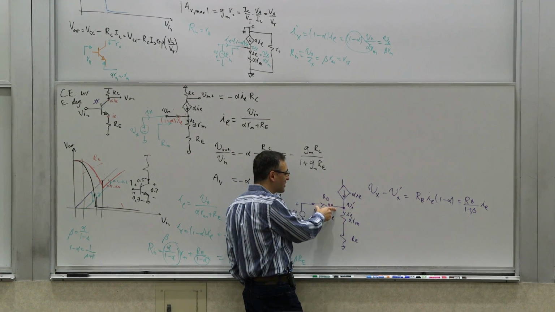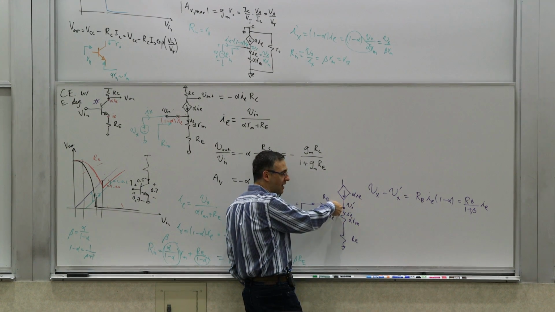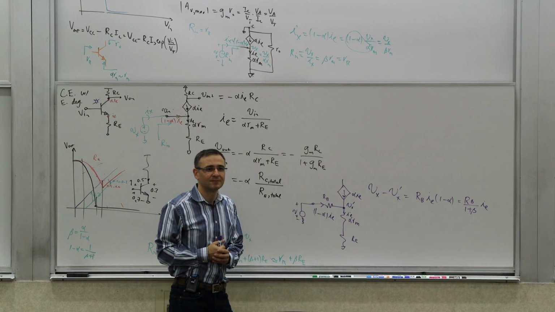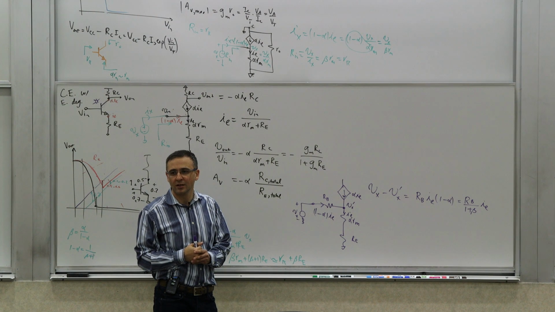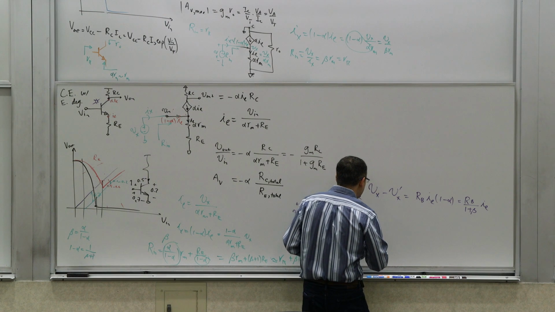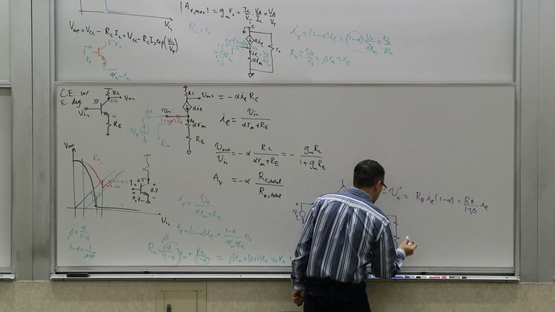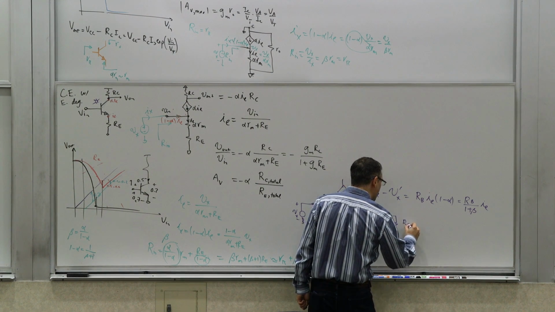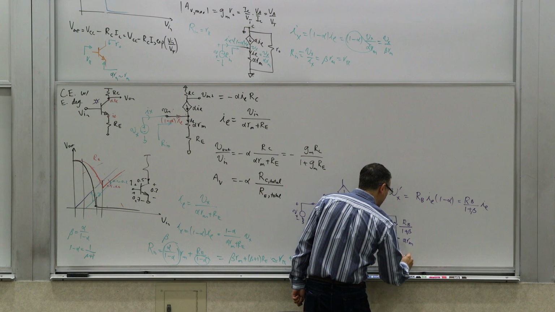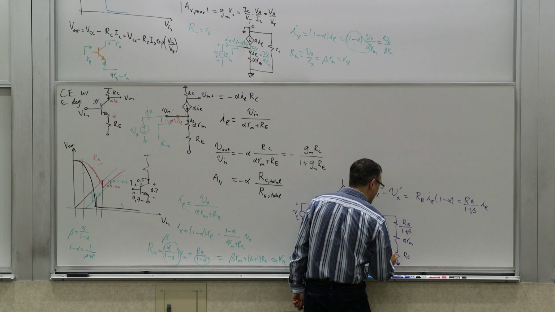I could take this resistor and add it to the emitter stack, as long as I scale it down by a factor of 1 plus beta, beta plus 1, or beta roughly, but beta plus 1 more accurately. So the behavior of this circuit doesn't change if I take this Rb and put it in the emitter, as long as I scale it down by a factor of beta plus 1.